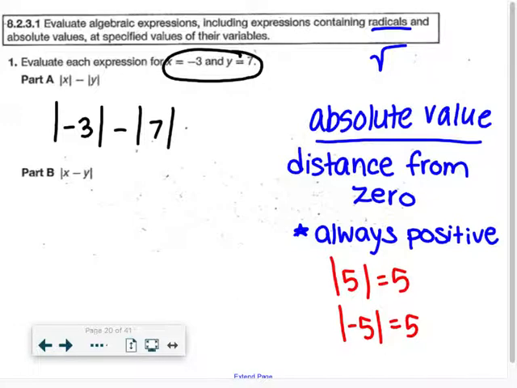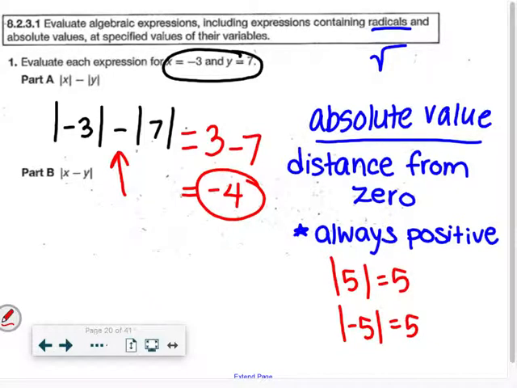Because they have their own absolute value bars around each number, I'm going to evaluate them separately. The absolute value of negative 3 is 3. And the absolute value of 7 is 7. And then because there's a minus sign in between them, 3 minus 7 is negative 4.